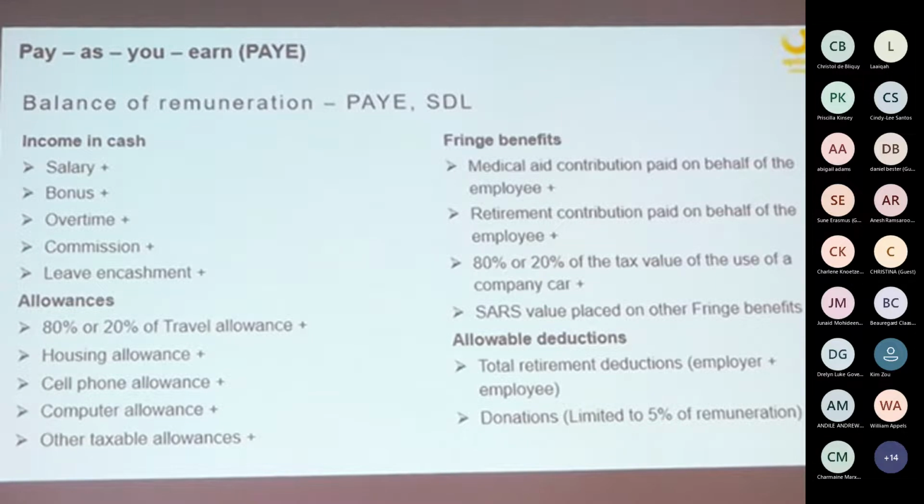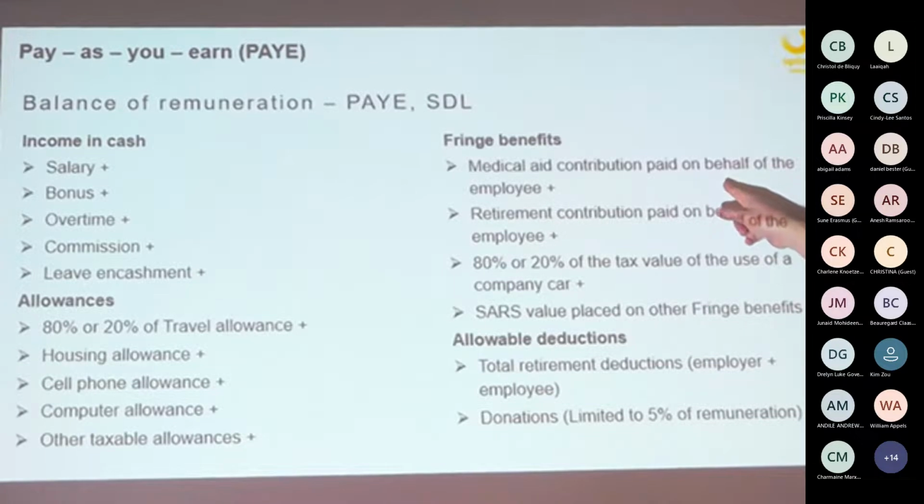After that, you can deduct your allowable deductions, which is your total retirement deduction, now your employer plus your employee contribution. Remember, your fringe benefit was the employer contribution.